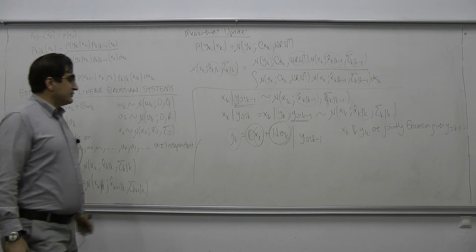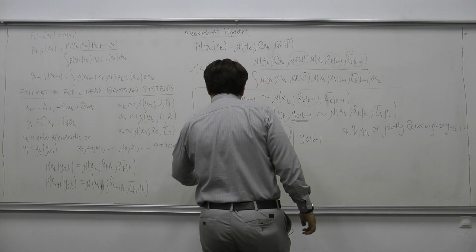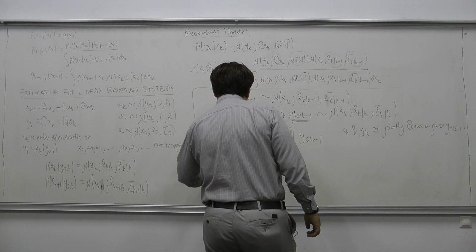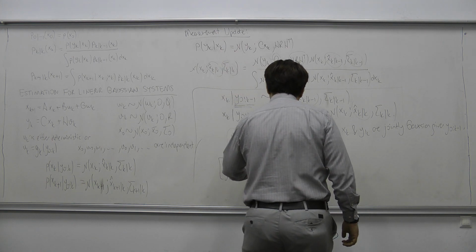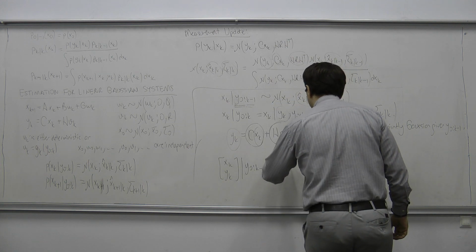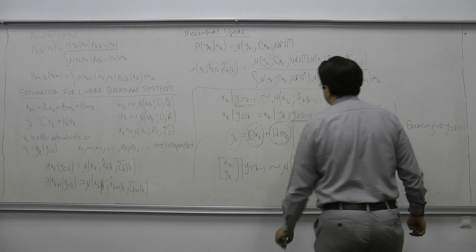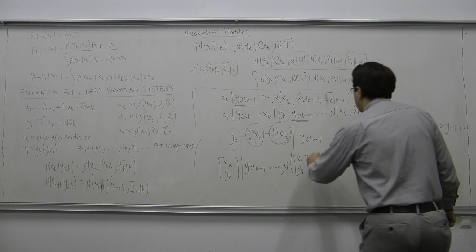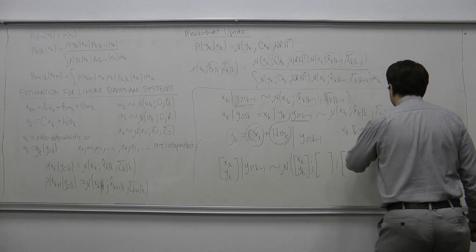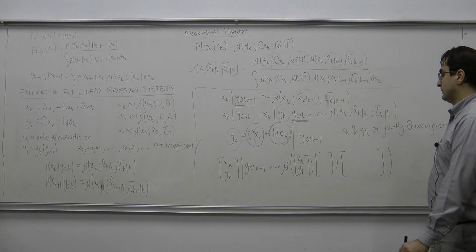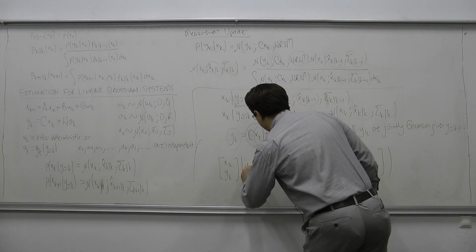So why not write the joint distribution? I can write the distribution of xk and yk given y0:k-1 as a joint normal distribution, and I will have the means here and the covariances here. Let us try to fill in what we know so far.